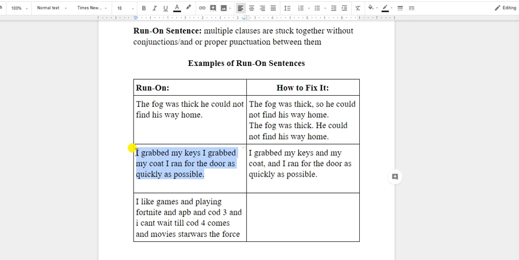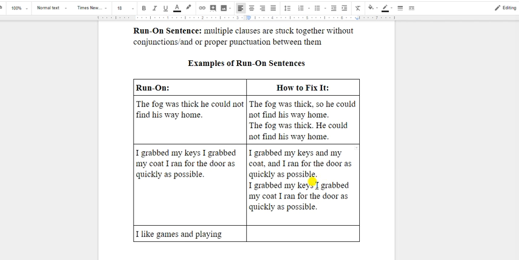What if I said, I grabbed my keys and my coat, period. I ran for the door as quickly as possible. That's another way you could fix it.